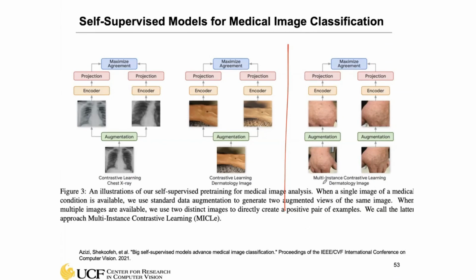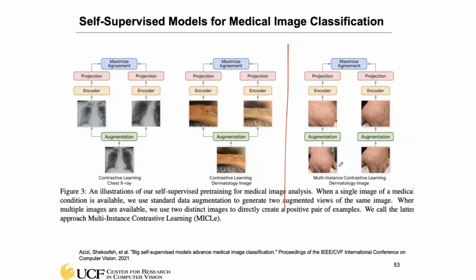In their paper, they also mention this multiple instance contrastive learning approach, because for some of the datasets, one particular example may contain multiple images. For example, these dermatology images, right? Corresponding to one particular patient or maybe one particular disease, they have like a left and a right hand image.